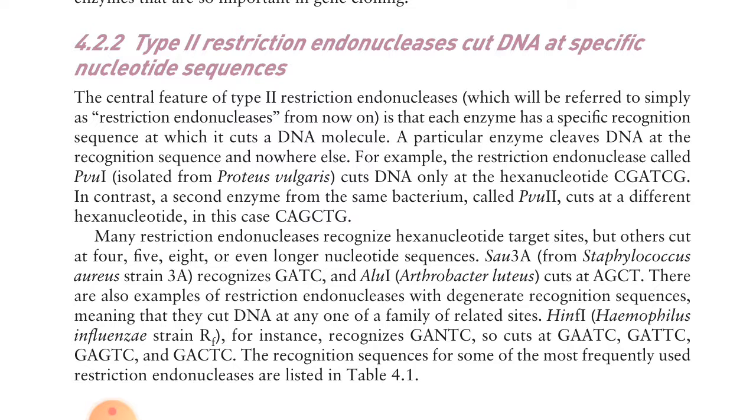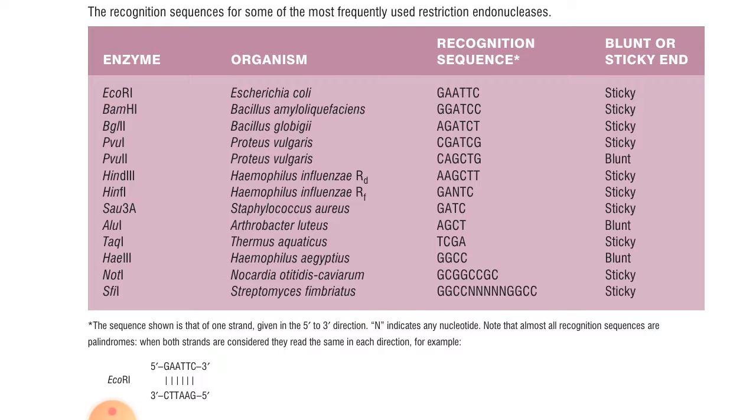Like Sau3A. This enzyme comes from the bacteria Staphylococcus aureus strain 3A, and recognizes GATC. AluI cuts at AGCT. Means every enzyme has a different recognition site. They cut at that particular sequence. Here's the table.